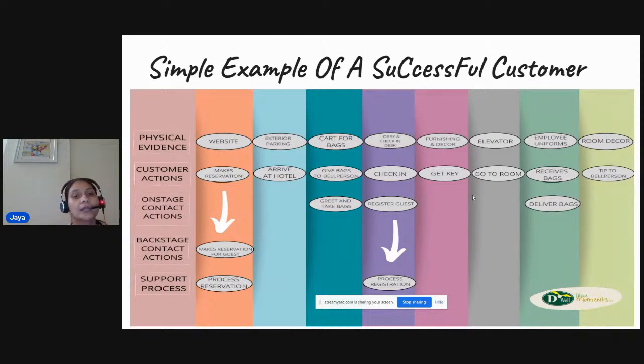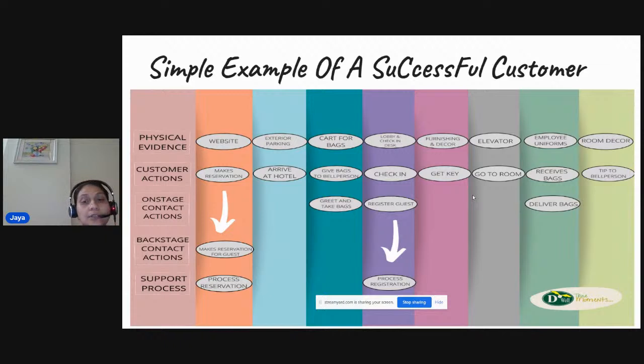Second, when you have seen all these things on the website of the hotel where you are going to stay for a vacation, the next action would be yours: to make a reservation and arrive at the hotel.